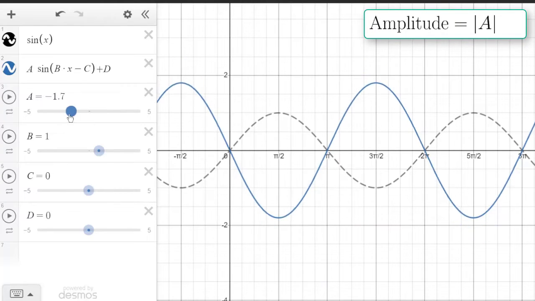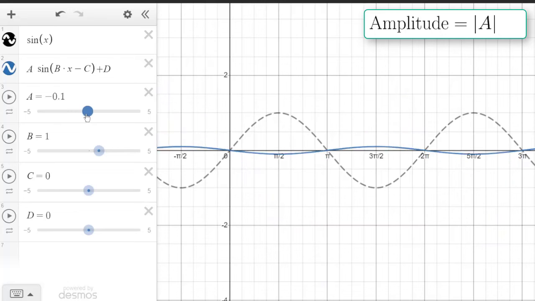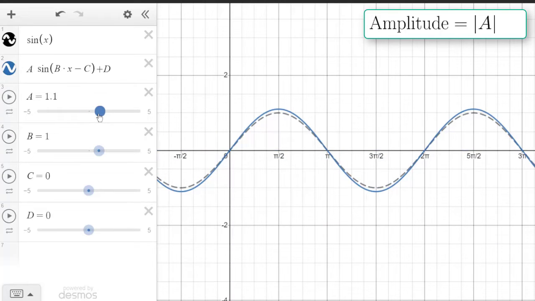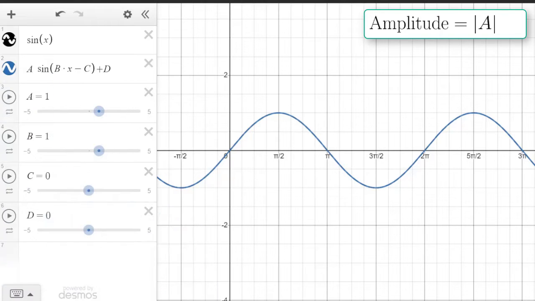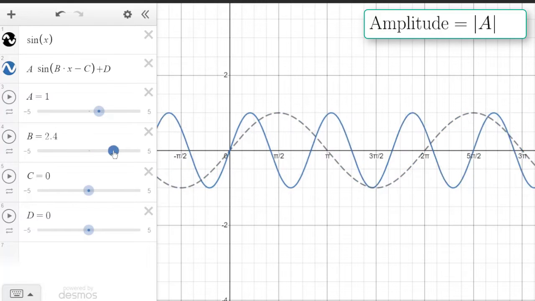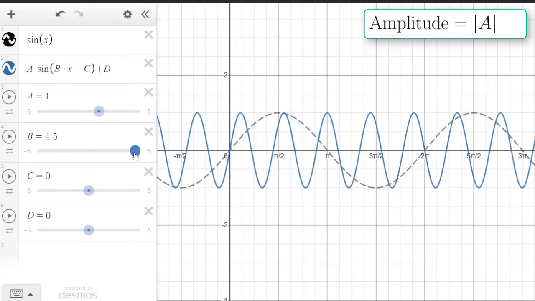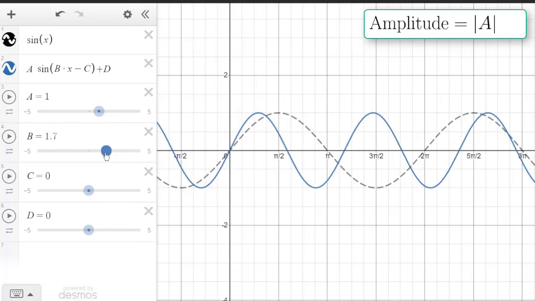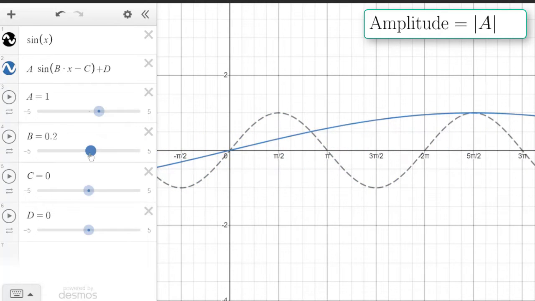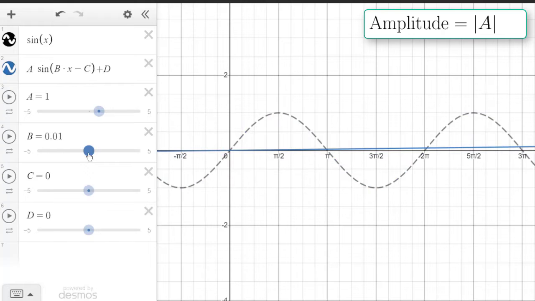So let's return a to 1 and talk about the other parameters. All right, what about this parameter b? b is the parameter that's being multiplied by x inside of the sine function. What happens when I increase b? Oh, it does a horizontal squishing of the graph. If I make b less than 1, it stretches out the graph.